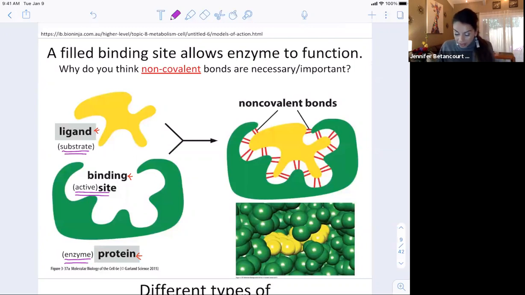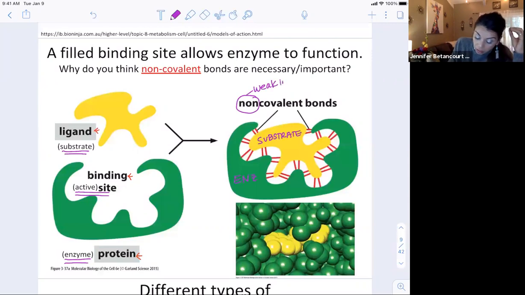Okay, so now that that's out of the way, let's pretend that this is our enzyme. This is our substrate. When that substrate binds, it's going to bind via non-covalent bonds. This should make sense because the job of an enzyme is to temporarily bind the substrate. Non-covalent bonds are weak interactions.